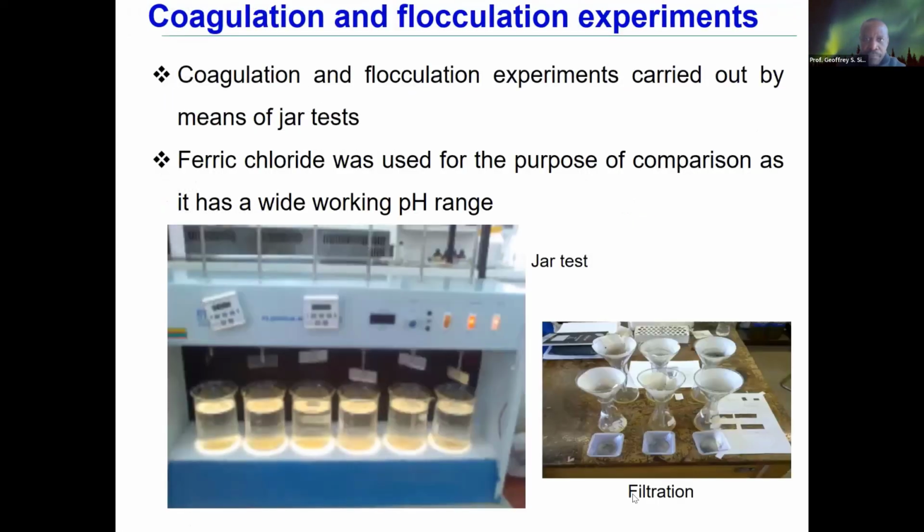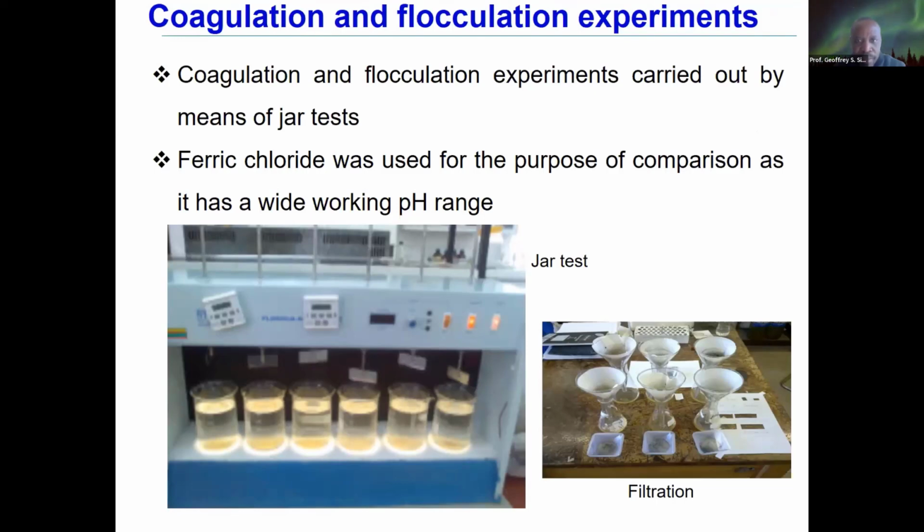So after that functionalization test, we carried out the coagulation test, but in so doing, we needed to compare the flocculation process with conventional materials, and we picked ferric chloride as our material to compare with our carbon nanotubes.